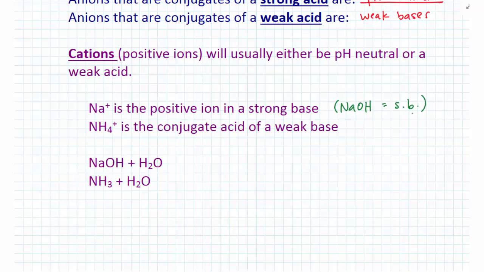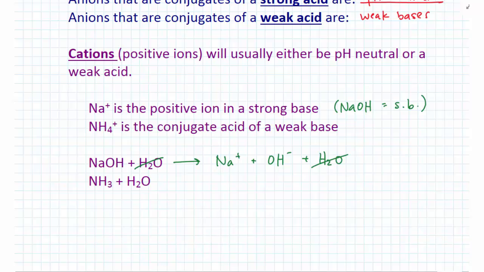Okay? So, NaOH and water, that's just sodium ions and hydroxide ions. And the water molecule really isn't part of it. The NaOH just splits into Na plus ions and OH minus ions. Okay?